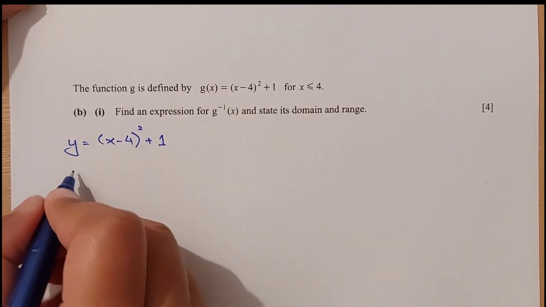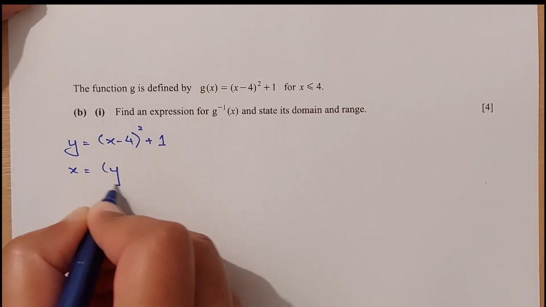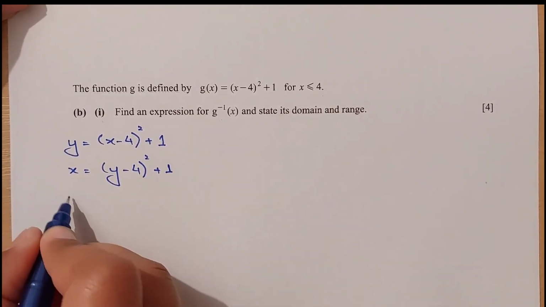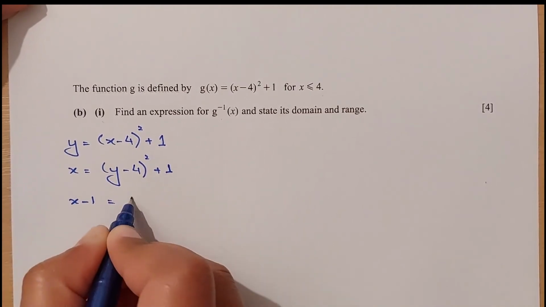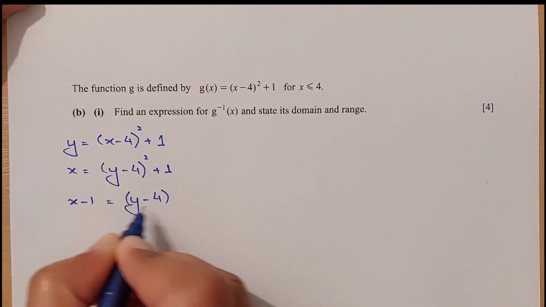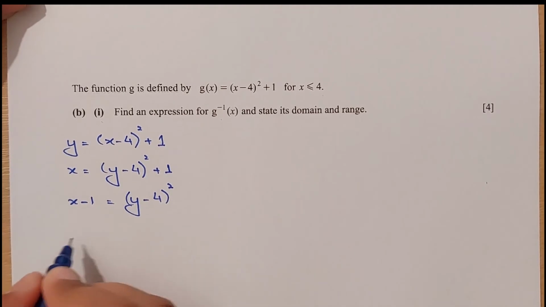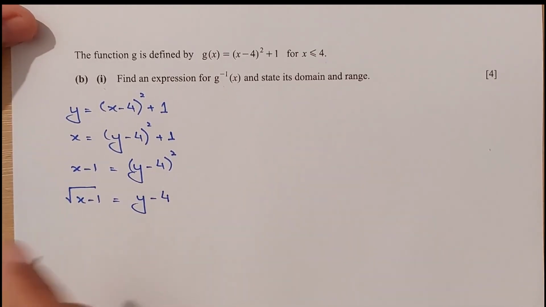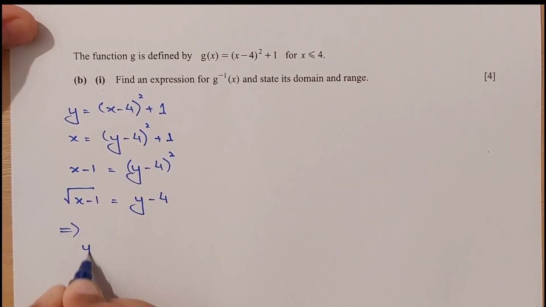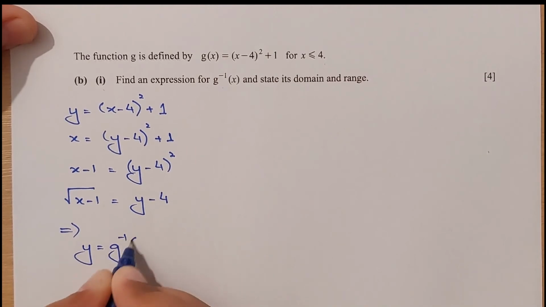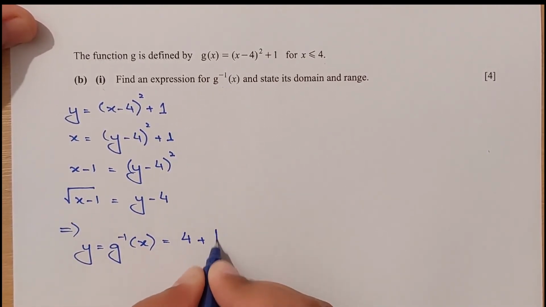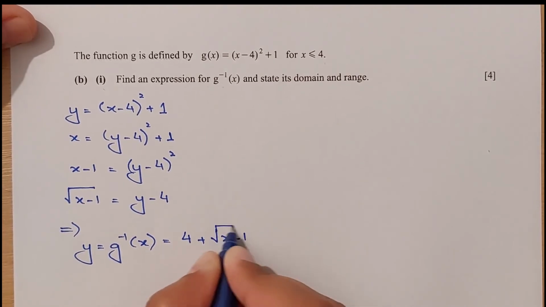Then switching the variables, we have x equals y minus 4 whole squared plus 1, and solving for y: x minus 1 equals y minus 4 whole squared. To get rid of the square, taking the square root on both sides, the square root of x minus 1 equals y minus 4. And from here, the y value, or g inverse of x, is 4 plus the square root of x minus 1.